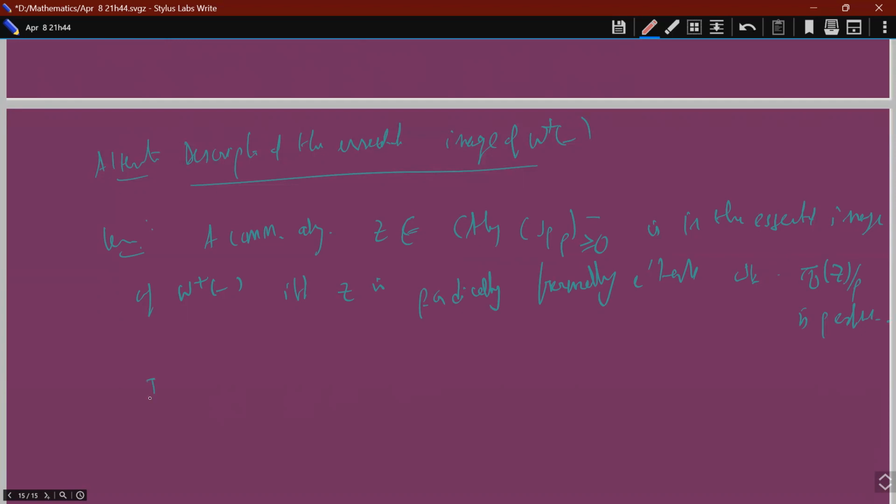So proof idea. Exactly. The idea is to just exhibit it.